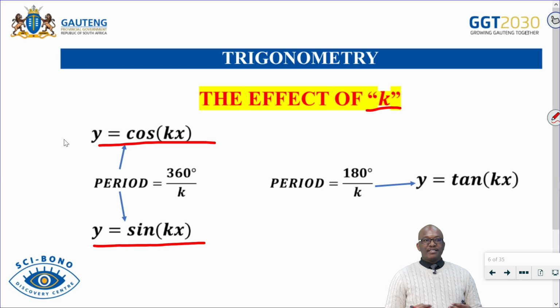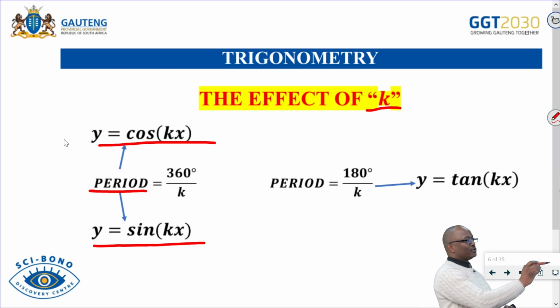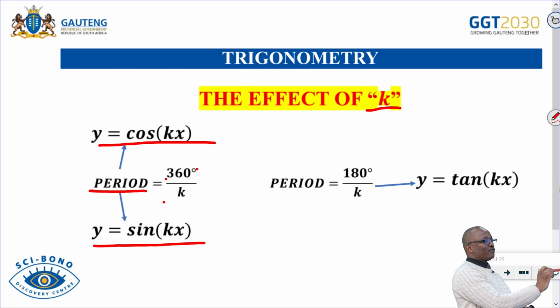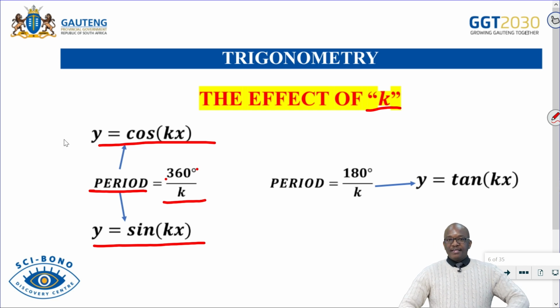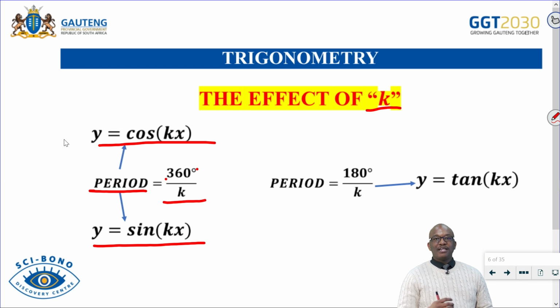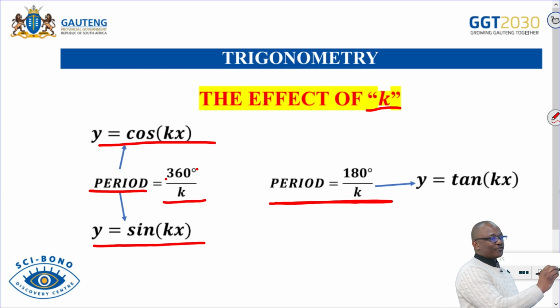Remember, when we say the period is equal to 360 over k, that means the graphs for cos and sine run smoothly within an interval of 0 to 360 without any disturbance. When I say disturbance, it means it doesn't have any jumps altogether, unlike the graph of tan.